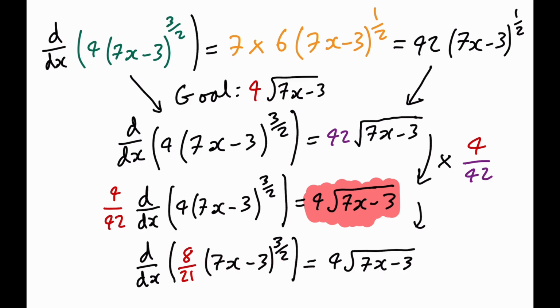And when you differentiate this, you're going to get what we expected to get, which was 4 root 7x minus 3. And remember, because integration is the reverse of differentiation, we know that if you integrate this function, you're going to get this.